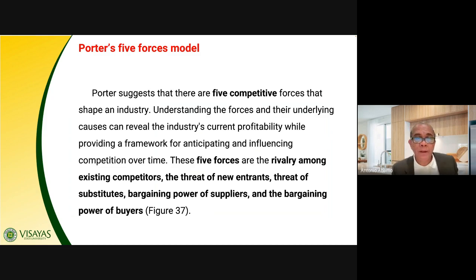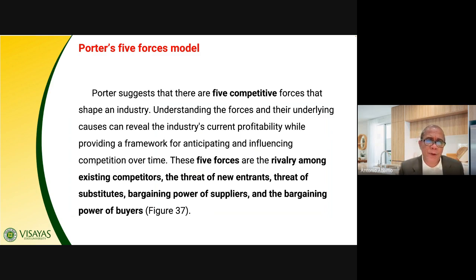Porter's five forces model suggests that there are five competitive forces. By the way, this model comes from Michael Porter, the author of competitiveness analysis and value chain analysis.